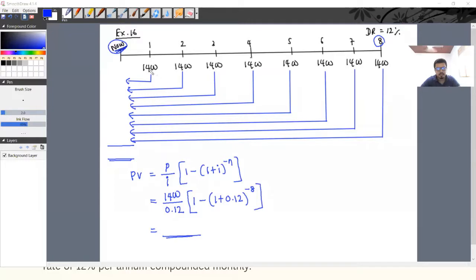If we make a payment of 1,400 at the end of every year for 8 years, what is the present value of all of these? That is what we are finding here. What should be the amount? Any different answers? Yeah, 6,954.6.